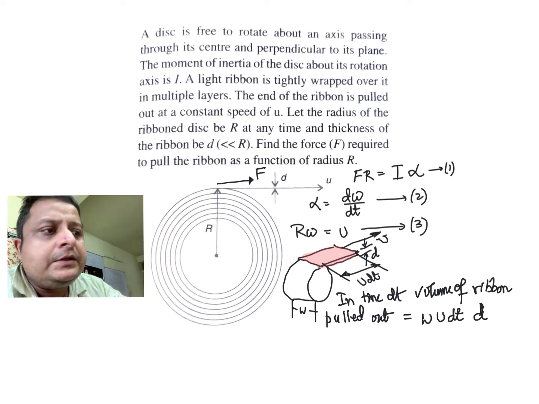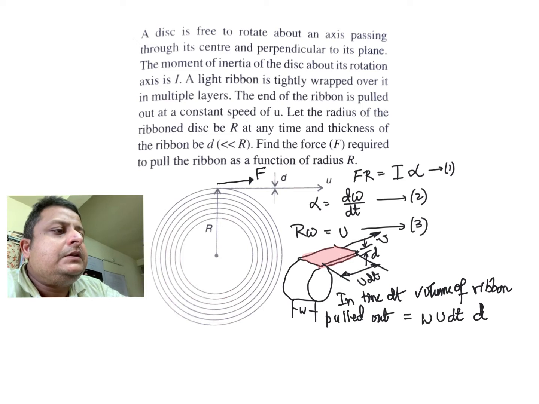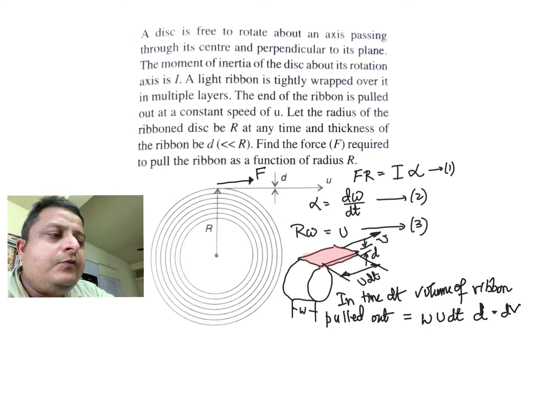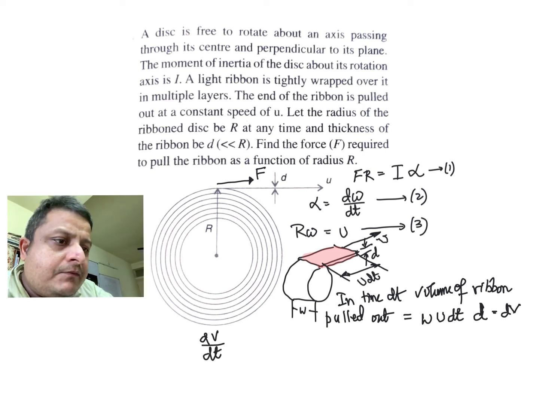Don't confuse the d of dt with the thickness d. So this is dV, V for volume, the rate of loss of volume. dV by dt is equal to w times u times d.